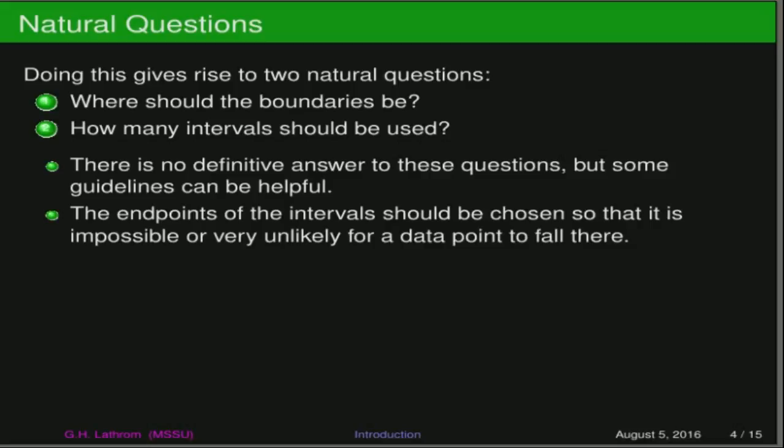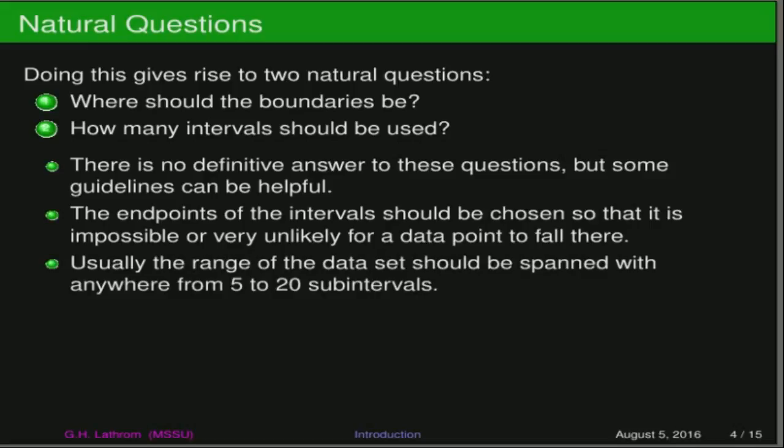So if we've got lots of data points falling around that interval, we don't really want to choose that as a dividing point. In order to maintain the stability and the shape of our graph, we don't want our data points to fall on our boundary values.